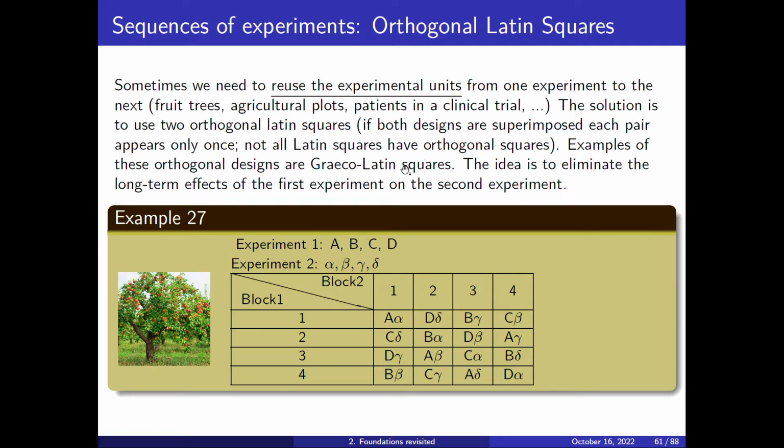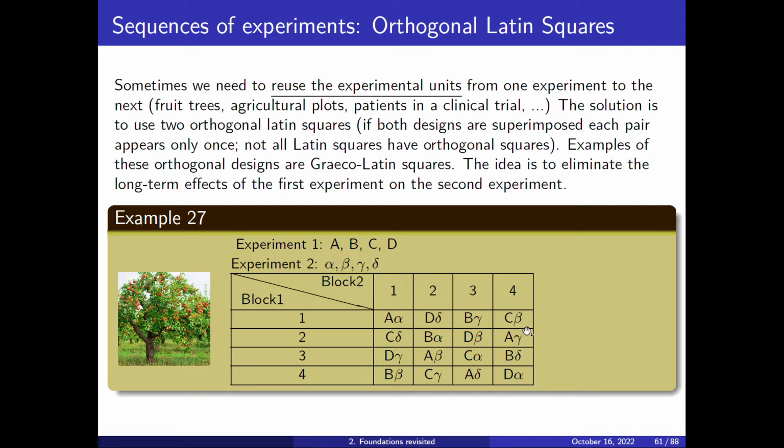So we may have a Latin square with Latin letters, A, D, B, C, and so on. And we may have another Latin square with now Greek letters: alpha, beta, gamma, delta.